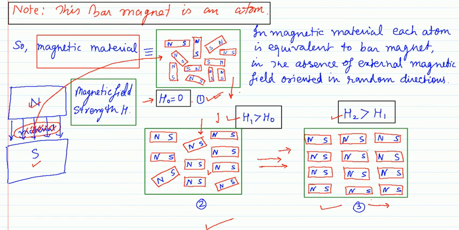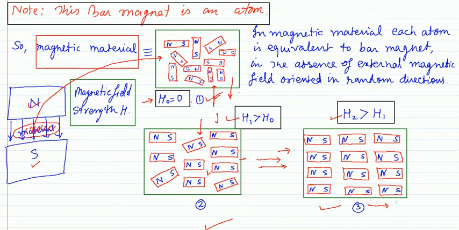So you can say that picture number 3 is more magnetized compared to the second one, and the second one is more magnetized compared to the first one. So this is the basic idea of magnetization. How much is the intensity of magnetization? You can compare these three pictures and say that the intensity in the third case is more compared to the second one.